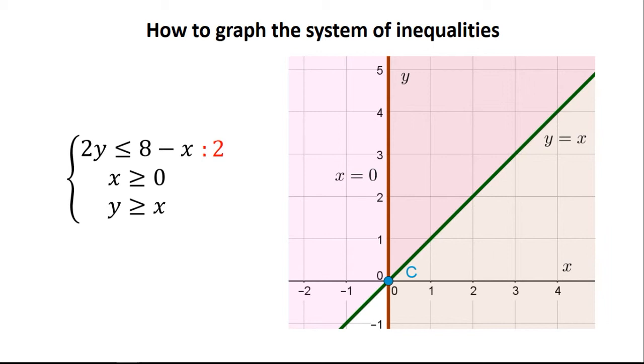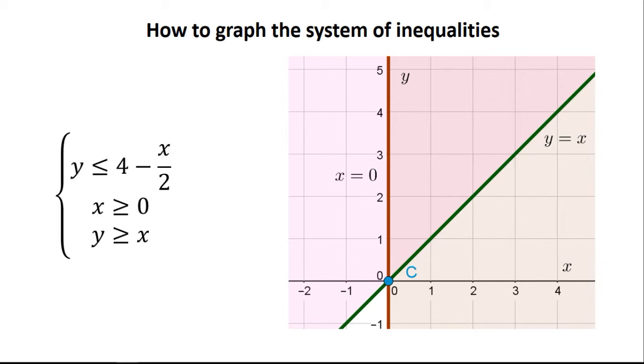And doing that, we keep the sign of the inequality, because 2 is a positive number. So we obtain the following inequality: y is less or equal to (4 minus x) over 2. And again, we just need to graph the line y equals (4 minus x) over 2.